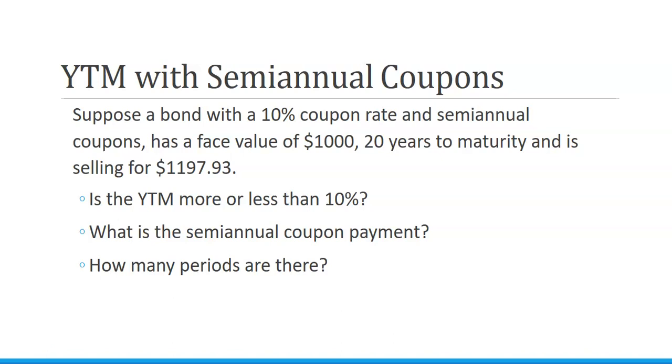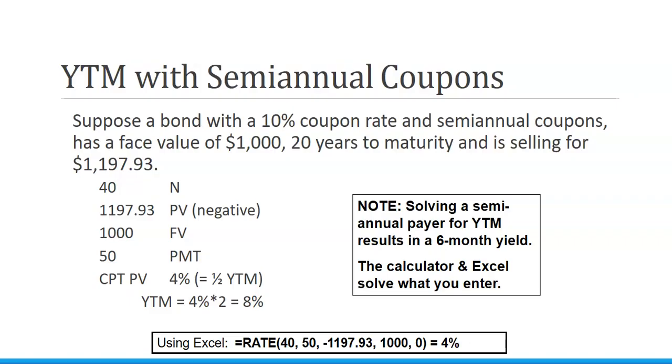Well, it's a premium bond, so we would expect the yield to maturity to be less. What is the semi-annual coupon payment and how many periods are there? So 20 years with a semi-annual payment means that we have 40 payment periods, because we double the payment periods.